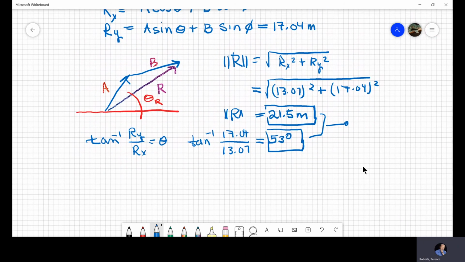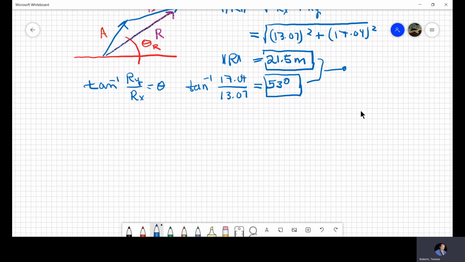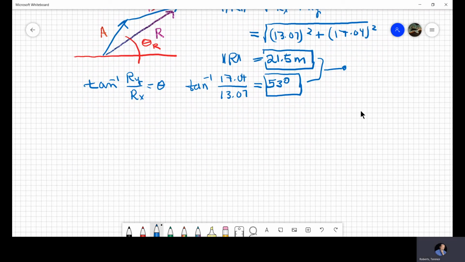Now let's take this same problem and do a scenario where we have a new resultant vector equal to A minus B, and we want to solve what that is.